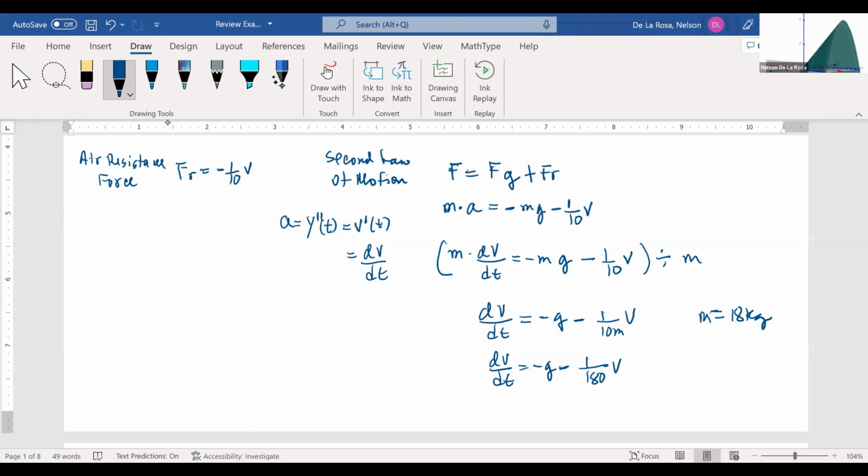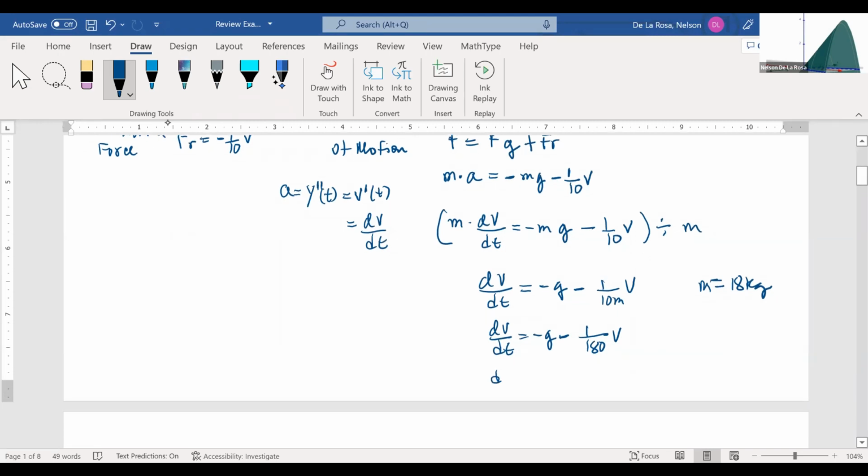Now we can rewrite it as dv dt plus 1/180 v equals -g. This equation is linear. It's a first order linear differential equation that can be solved using an integrating factor. So we can now find the integrating factor so that we can solve this differential equation.